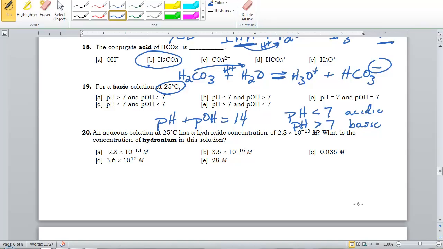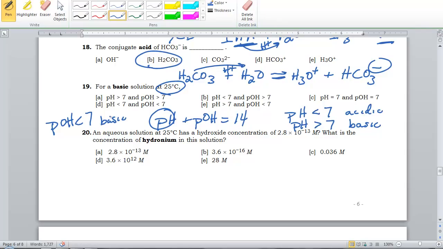That's at 25 Celsius. Now, if basic pH is greater than 7, what can you say about pOH? And if you have to plug in some numbers, plug in a pH of 10, see what you get for pOH, but pOH for a base will be less than 7.